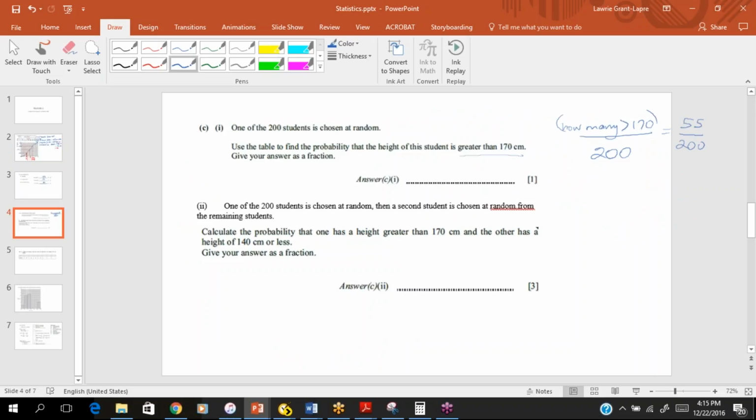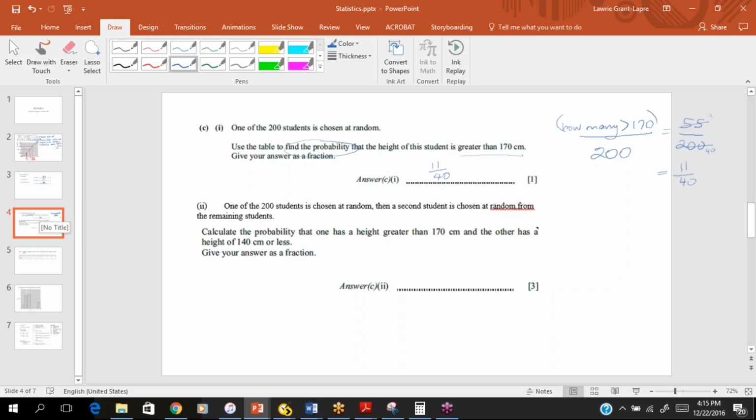That is the probability, and we want a fraction. We could say 55 over 200, but 5 goes into both. So 5 into 55 is 11, and 5 into 200 is 40. And so we can put here 11 out of 40. And that is the probability of the height being greater than 170.